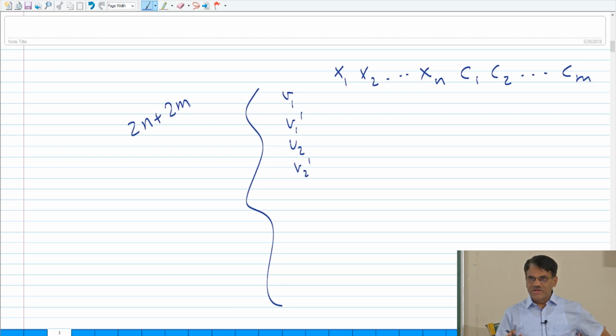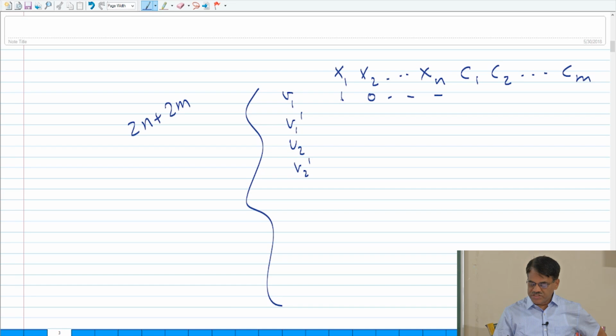At the moment it will look like magic why I am producing these numbers, but when we come to the proof you will see why. V1 will look like this: 1 0 0 0. V1 will correspond to the variable x1 and V1 prime will correspond to the variable x1 bar. This is a big, n plus m digit number.